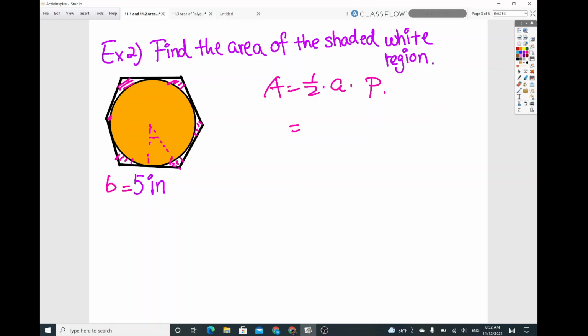One thing we notice is that this is a hexagon, and the measure of all the interior angles is n minus 2 times 180. So this would be 6 minus 2 times 180, so 4 times 180.